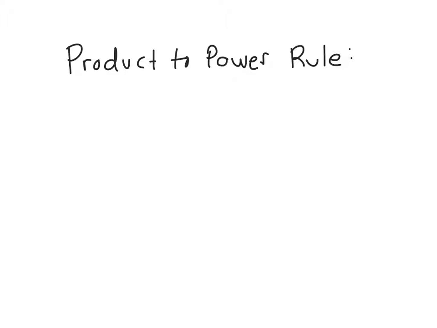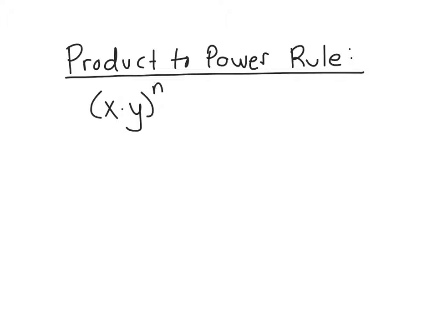The new rule that we need to learn is called the product to power rule. And really the other rules we're going to talk about are just special cases of this rule. So the product to power rule says if you have x times y, so different bases, raised to the same power, you're just going to do x to the n times y to the n.